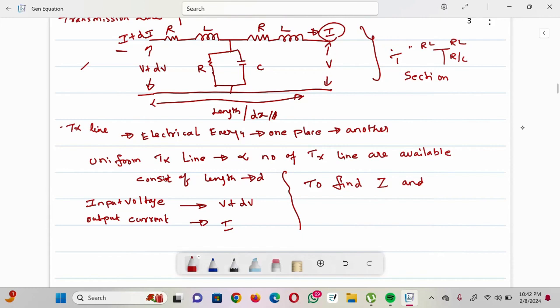Here the impedance is called the series impedance, and the admittance is called the shunt admittance.